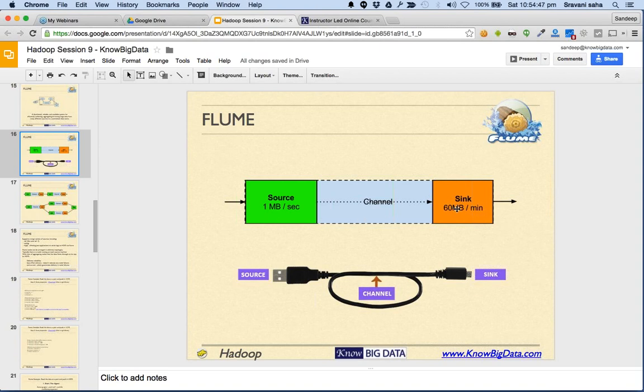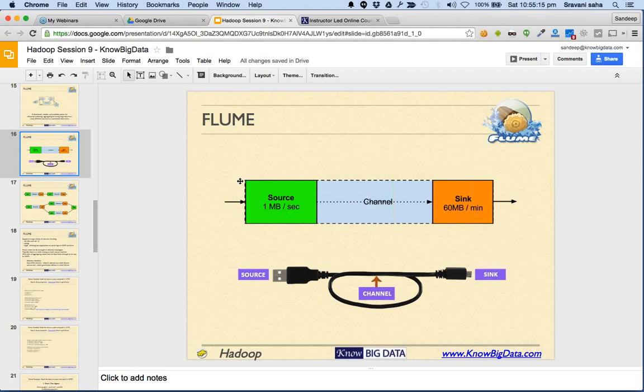In case the sink is consuming faster than the source, then this pipe will be freer. Therefore this channel acts like a buffer for the difference in the rates of consumption and production, and thereby it helps in doing the parallel activity.